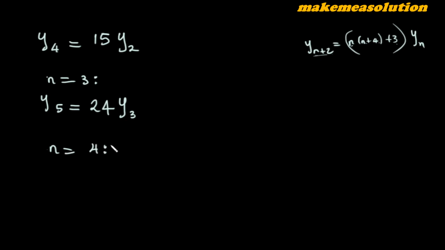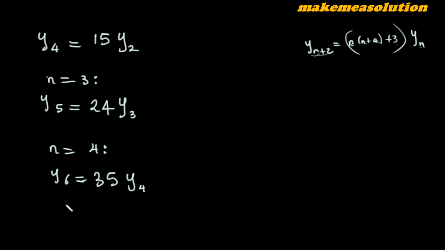When n is equal to 4, we'll have y_(4+2), which is y6, equal to 4 times (4 plus 4). 4 plus 4 is 8, right? Then 8 times 4 is what? 32. 32 plus 3 is 35. So you have 35y4, and n at this point is 4.